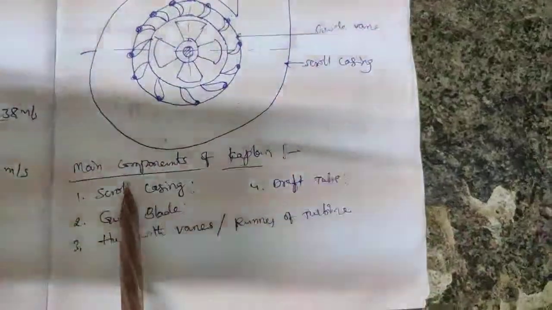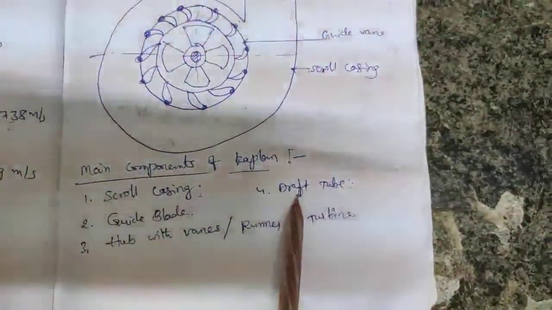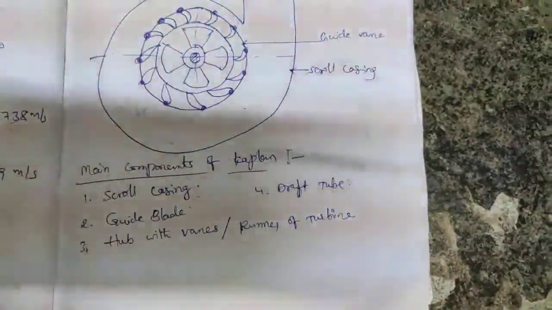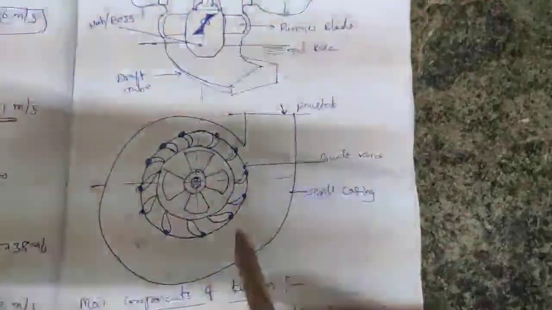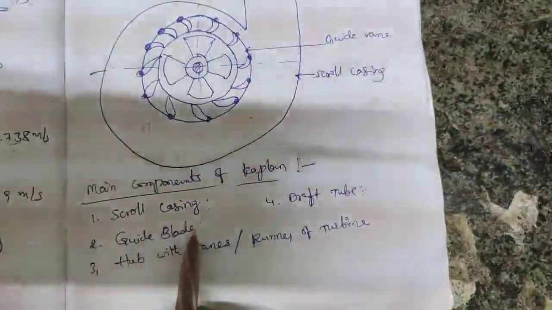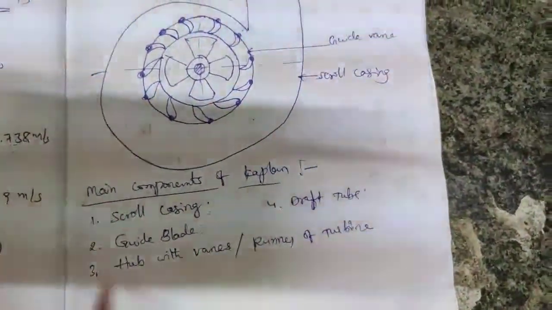The structure and function of the scroll casing, guide blade, and draft tube are the same as in the Francis turbine. The different component is the hub with vanes.